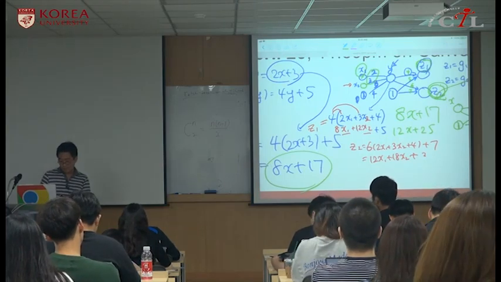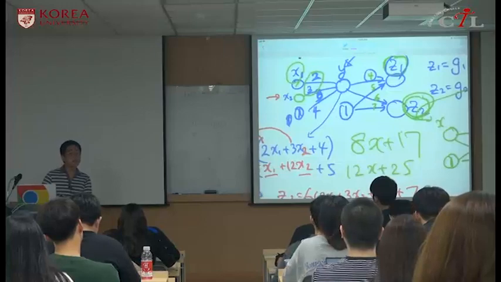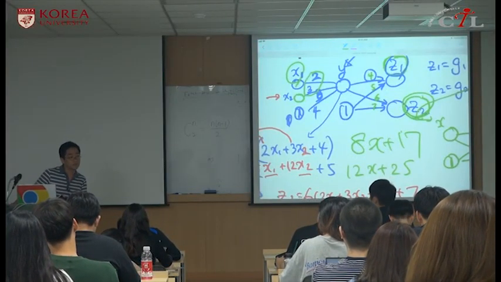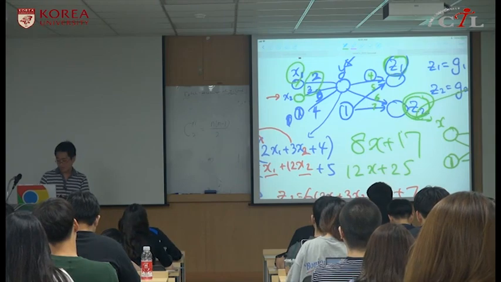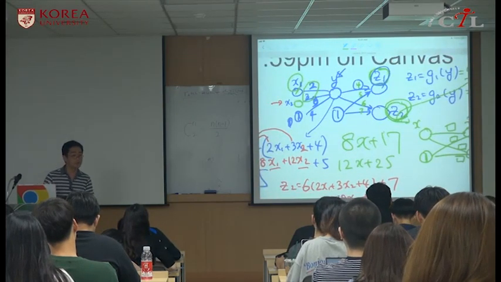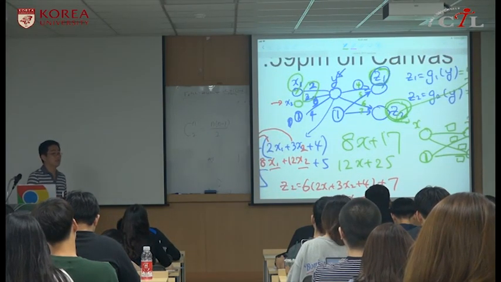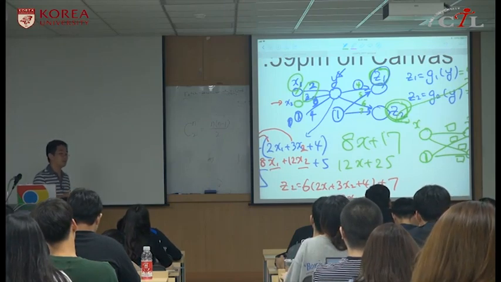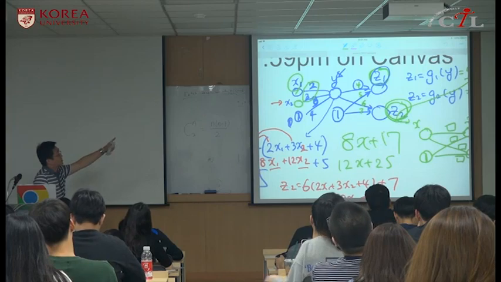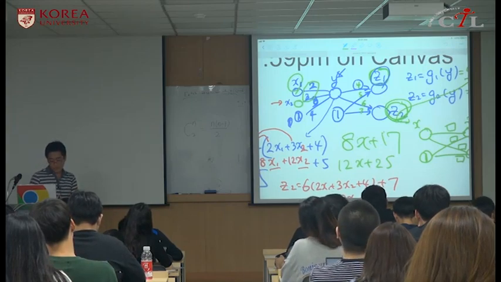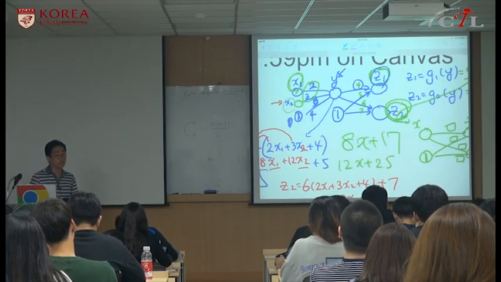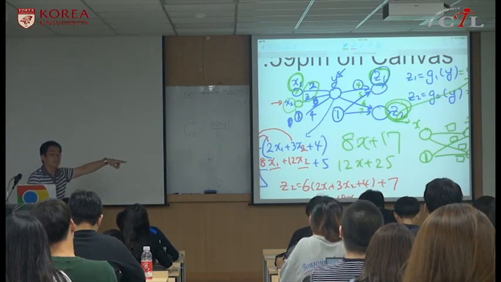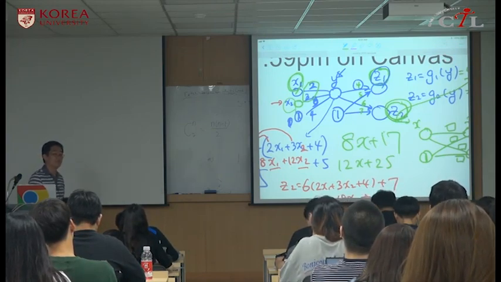So in this case, if we just cascade these two linear layers, then it will no longer be able to represent Z1 and Z2 as independent linear combinations of x1 and x2. So in other words, Z1 should always have x1 and x2 in the ratio of 2 to 3, and Z2 will also have the same ratio, right?